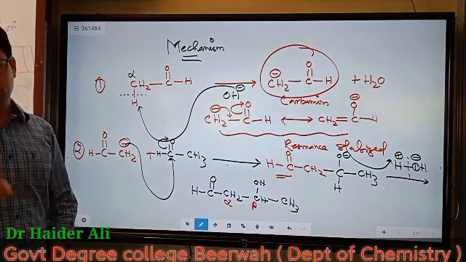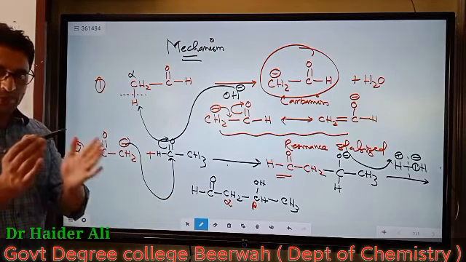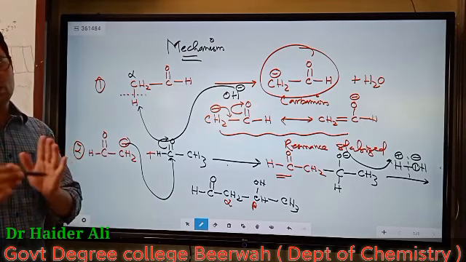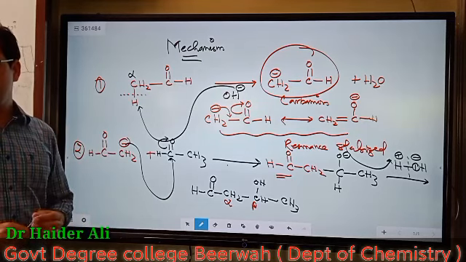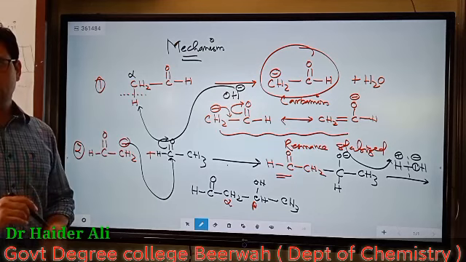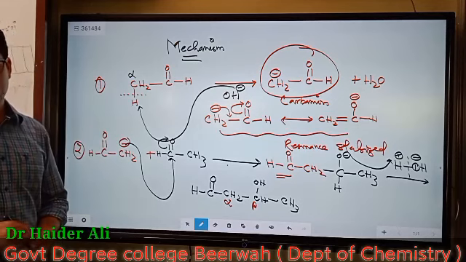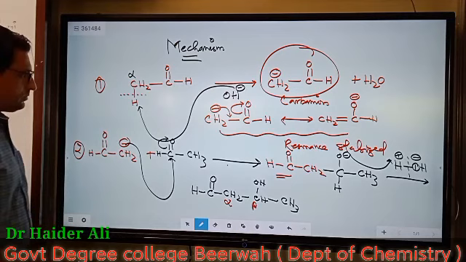You got it? Depending upon आपने कौन सा लिया है, किसको आपने condense किया, whether aldehyde or ketone, you will get that type of product. Either beta hydroxy aldehyde or beta hydroxy ketone. Got it? Okay?